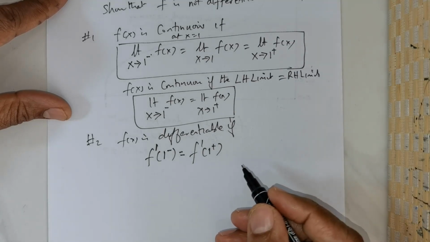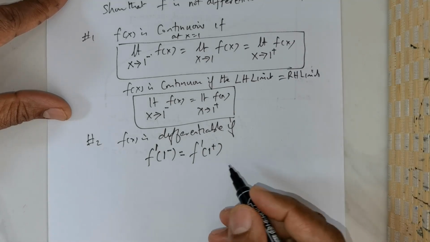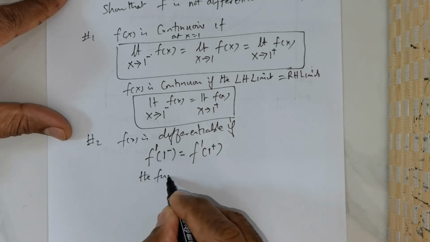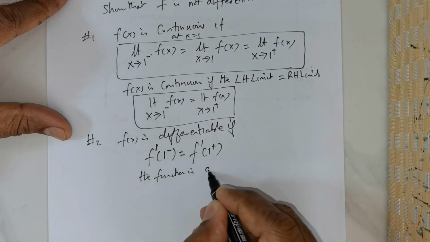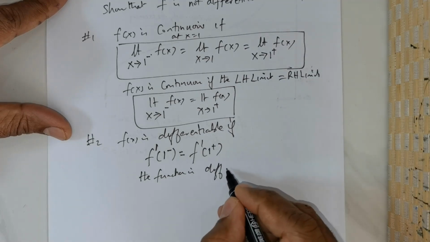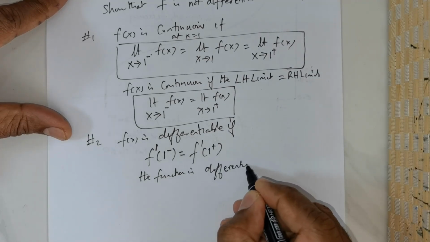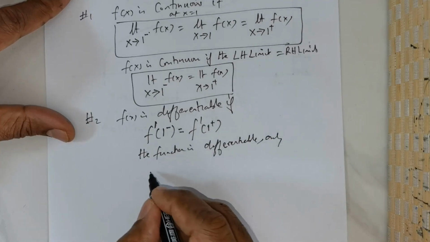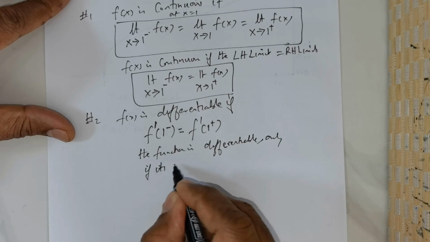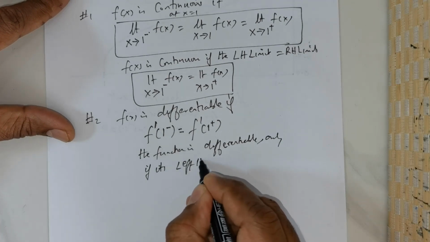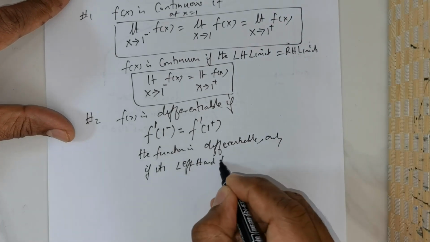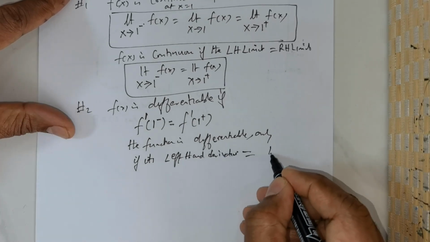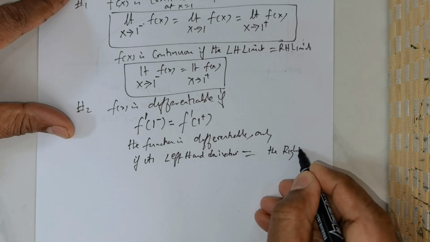So what am I trying to tell you here? The function is differentiable only if its left hand derivative equals the right hand derivative.